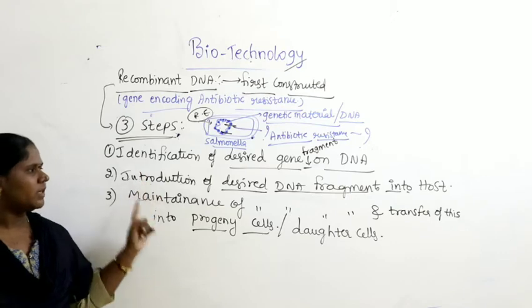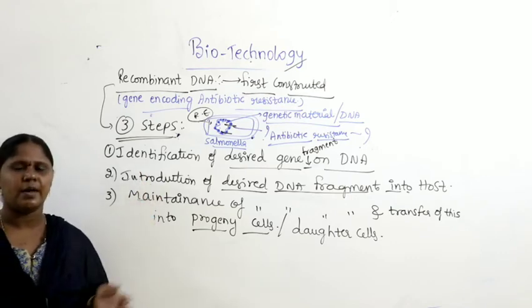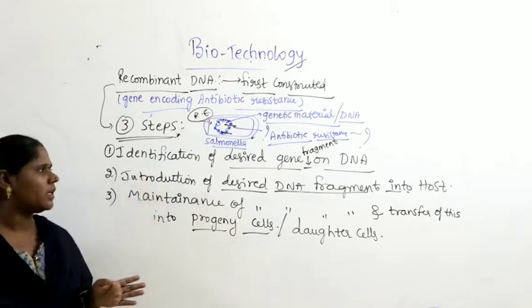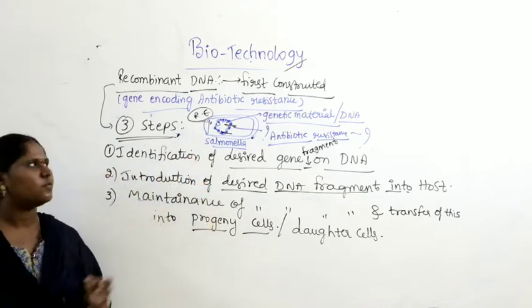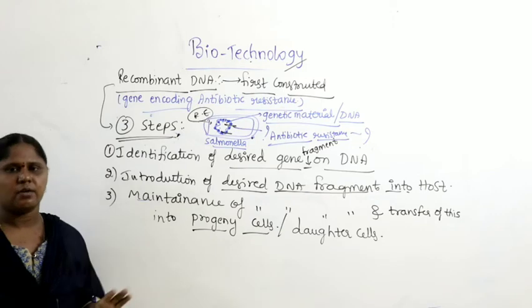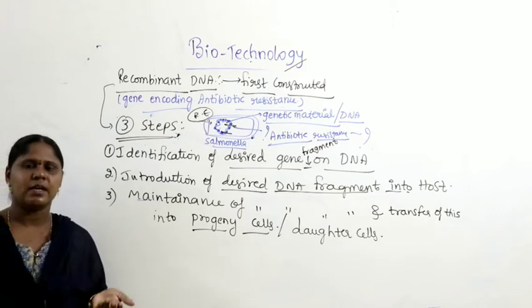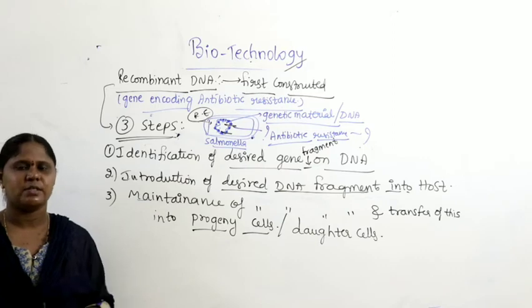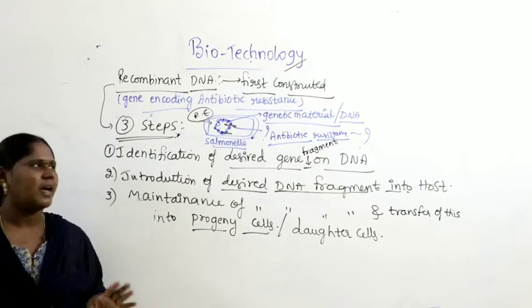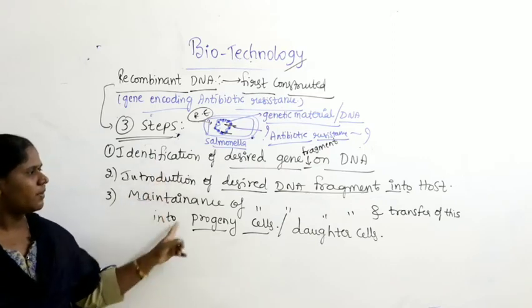These are the three important steps. They play a vital role, and we need to take maximum precautions. When we are successful with these three steps, we will be successful with recombinant DNA technology, and the desirable genetic characteristics can be expressed.